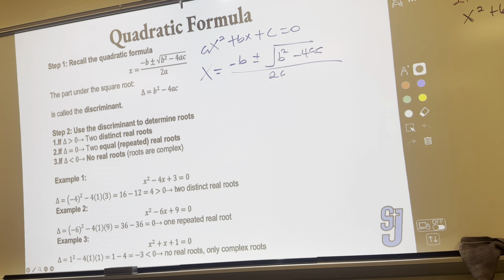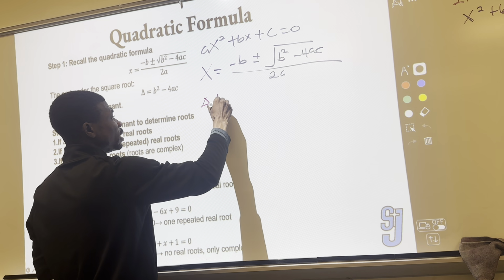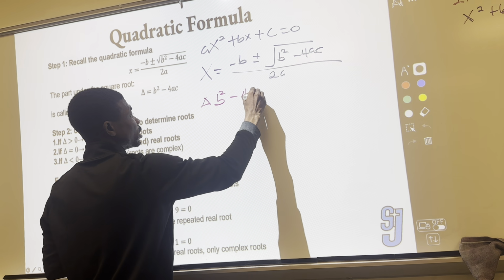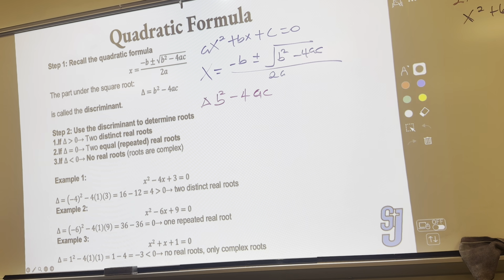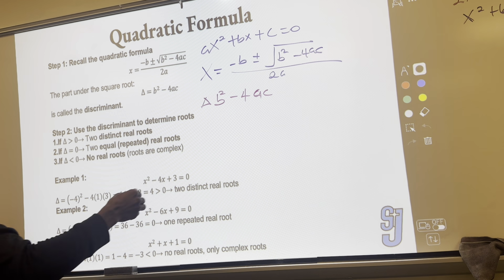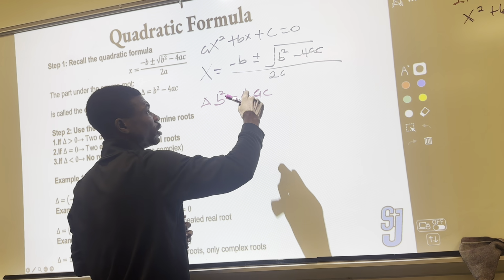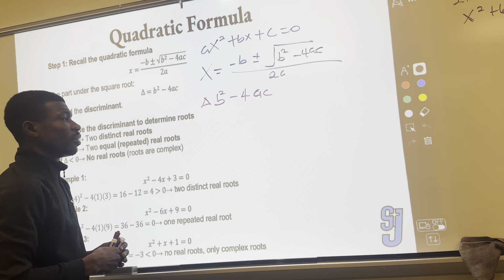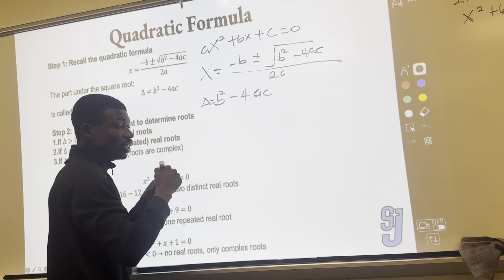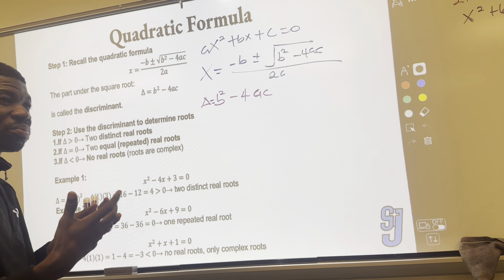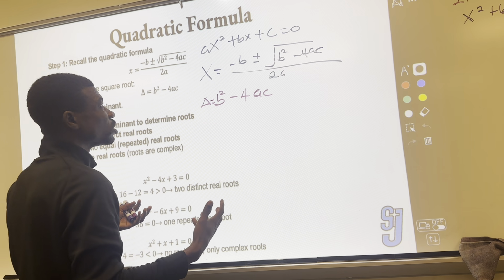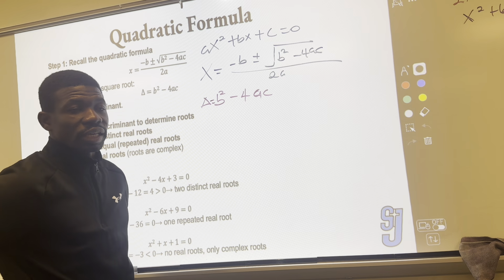Now, when you get this, we have what we call the discriminant. And in this case, discriminant means that under the square root, you have b squared minus 4ac. That describes the nature of the roots and also suggests possible methods that can be used to solve the equation.